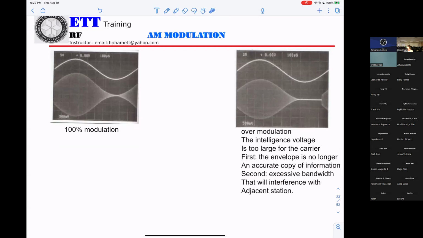Okay. Remember, this is your point. And basically, this is just a little here, but not as long here. That's what they call over modulation.